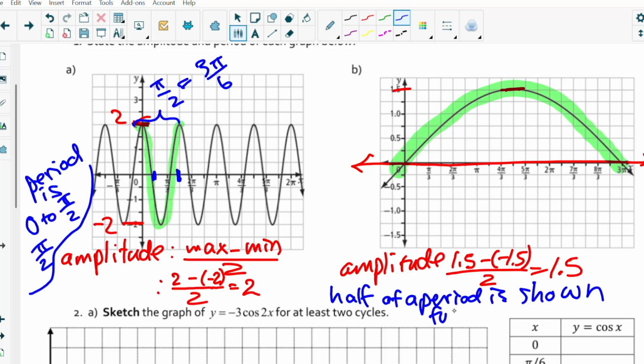So a full period equals, that's 3 pi for the half period. 3 pi times 2 equals 6 pi. So a full period is 6 pi.